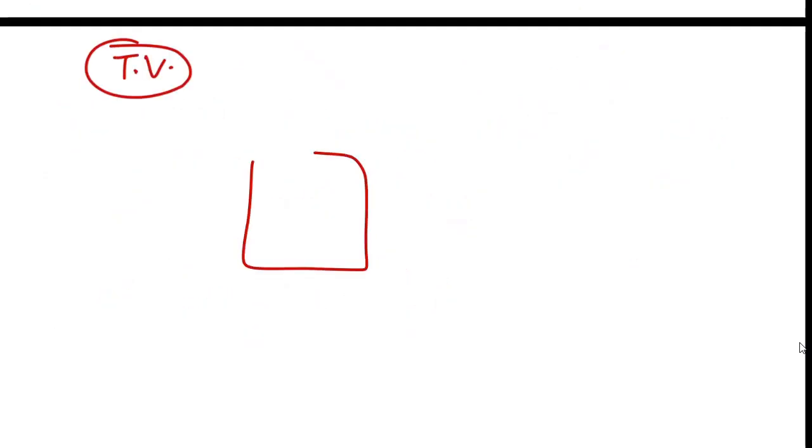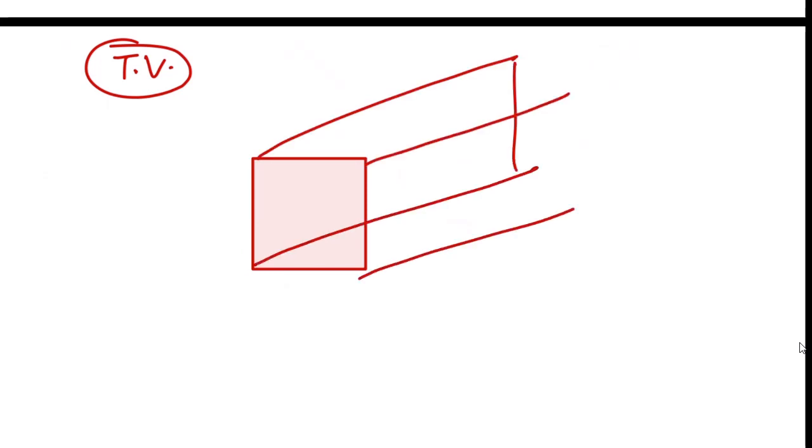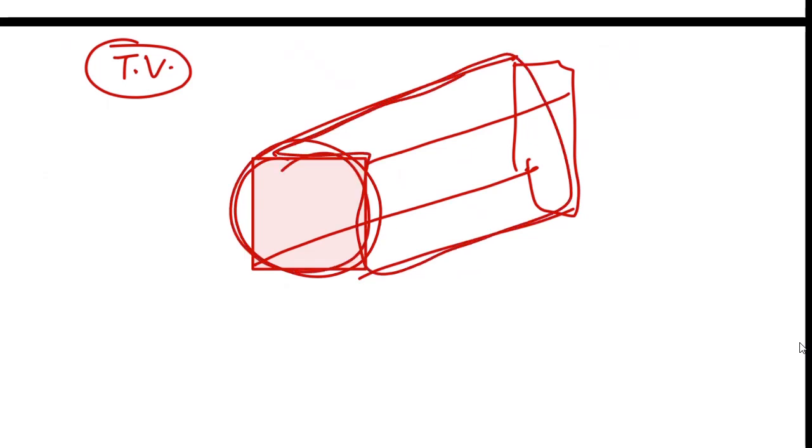The monitor was very small, but the cabinet was very big. It was a cubicle cabinet. This was the only screen, but the back body was very big. This was called a cathode ray display TV.